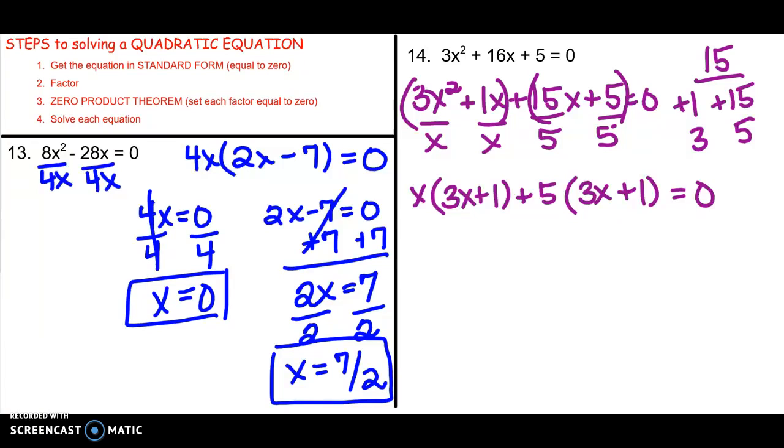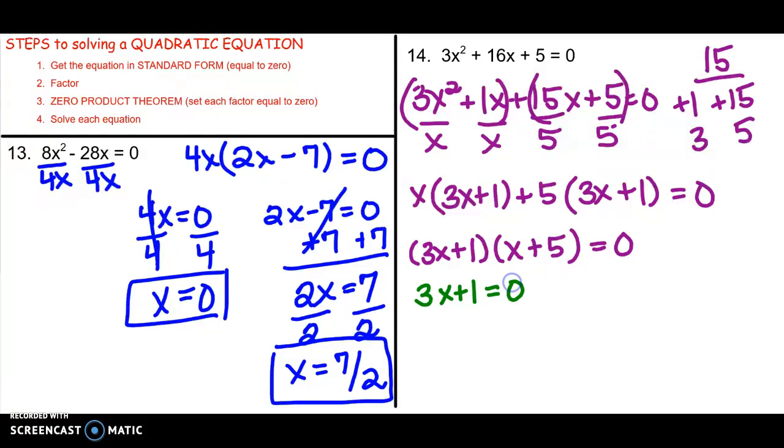Now I have my matching binomial, 3x plus 1, and I also have x plus 5 equal to 0. So now we're done with step 2. We factored. Okay, the next step, remember, is to set each of those factors equal to 0. So I have 3x plus 1 equal to 0, and I have x plus 5 equals 0.